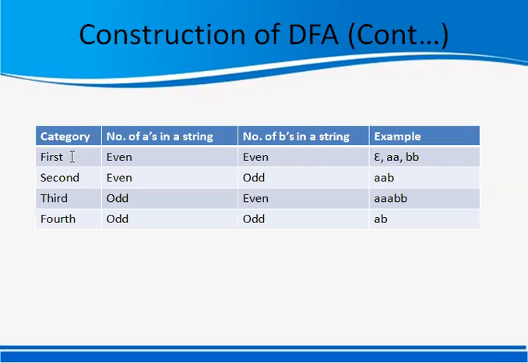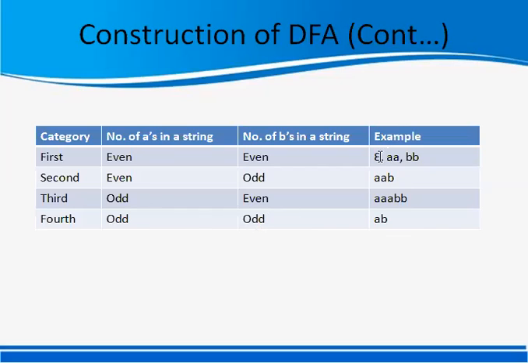Or we have an even number of a's and an odd number of b's in a given string. This will be our second category. Now in the third category, we have an odd number of a's and an even number of b's. And the fourth category will be an odd number of a's and an odd number of b's.